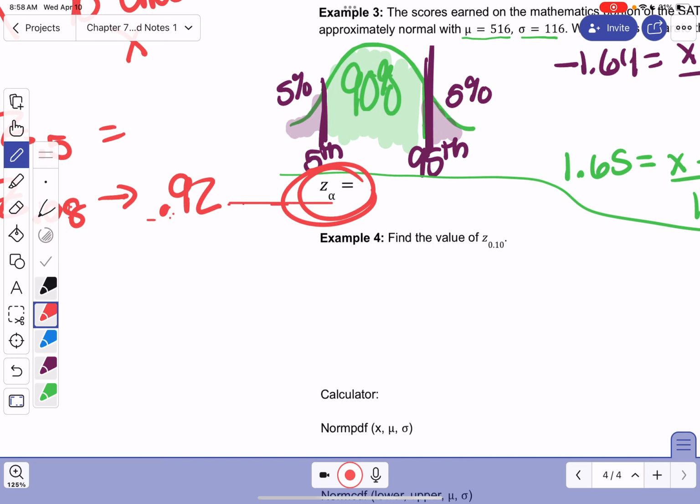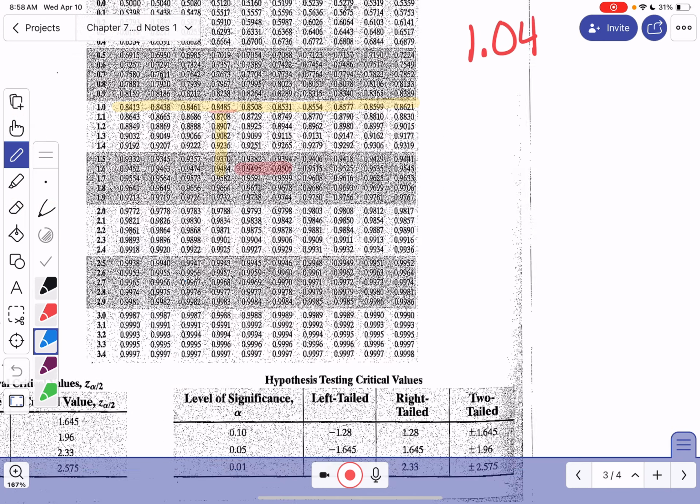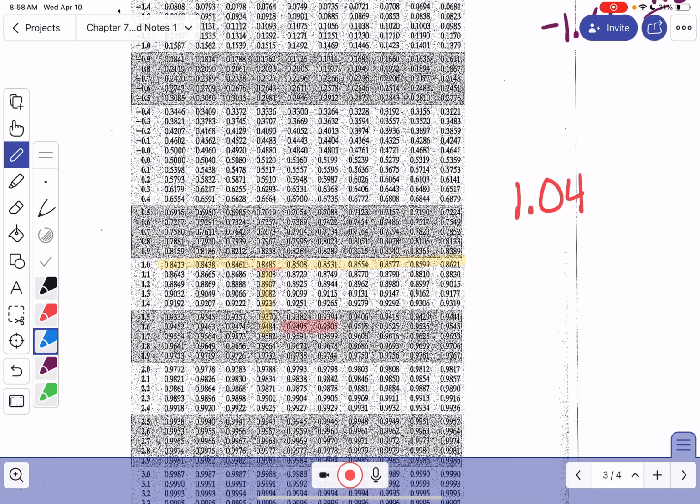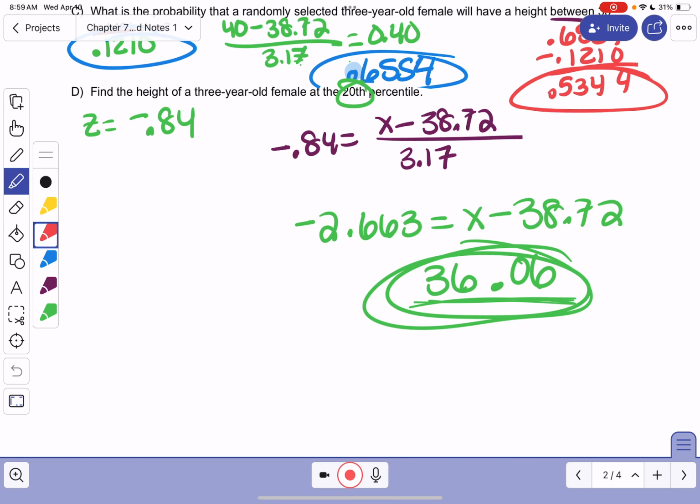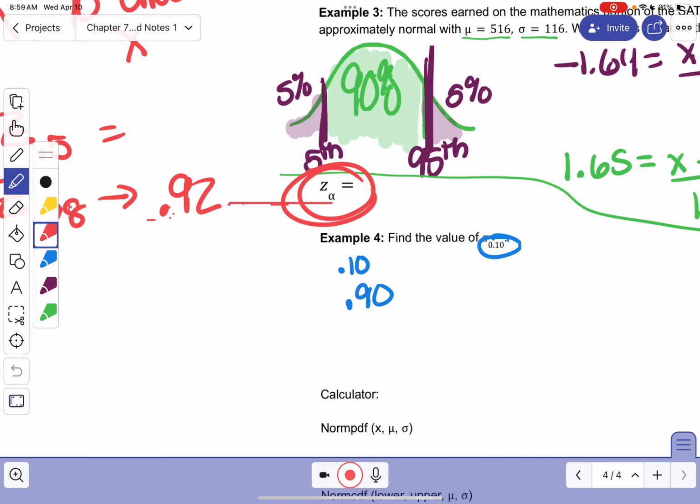So for example 4 here, find the value of Z sub 10. So 10 is to the right, which means 90 is to the left. So we would use our table and find 0.90, and this one's the closest. So we get 1.28.